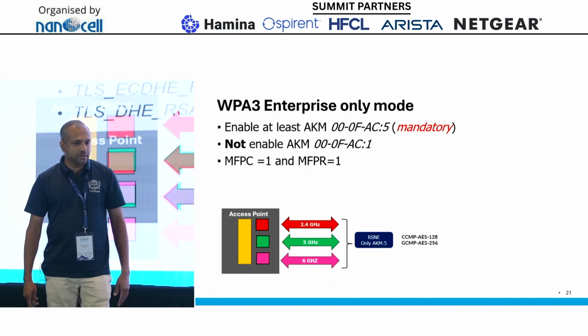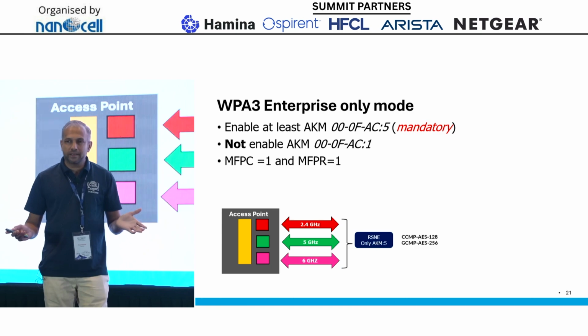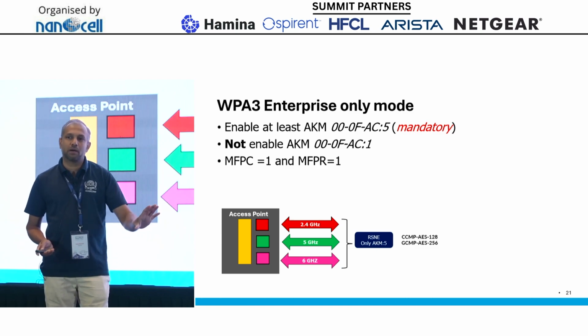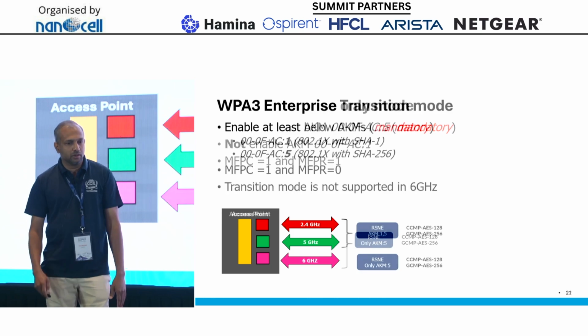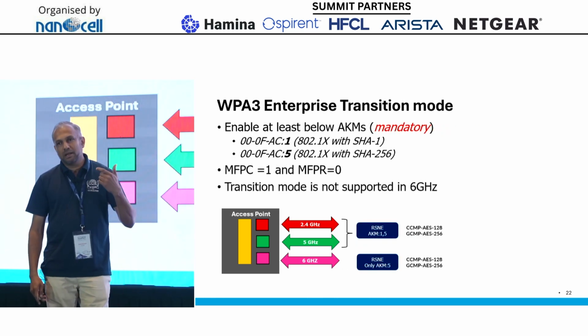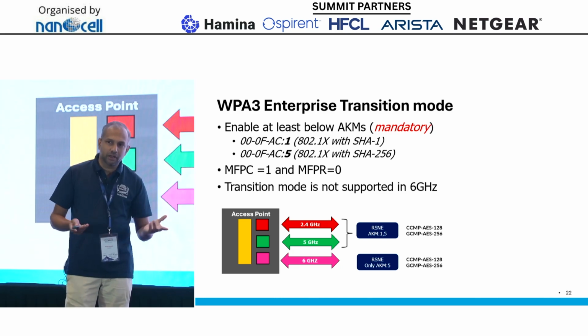In a typical enterprise, if you want to implement WPA3 Enterprise, we only enable AKM 5. But again, no legacy AKM, the client has to support WPA3 Enterprise. But if you want transition mode, we have to enable AKM 5 and AKM 1. Still two AKMs, but most of the clients will work with this scenario.